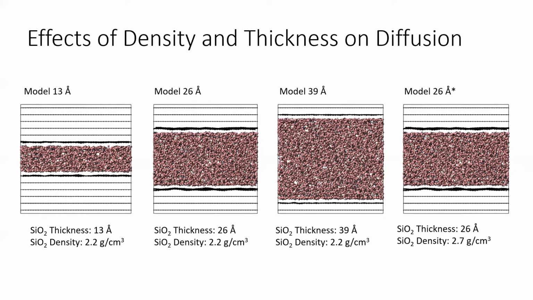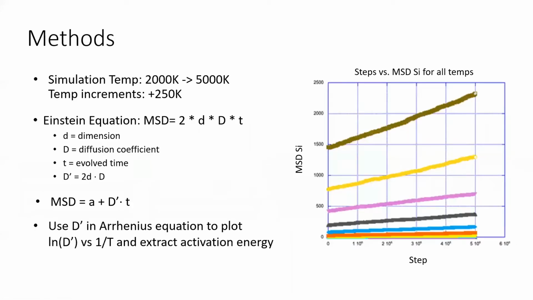With these models, I will be doing heating simulations so that I can study 2D diffusion by extracting the activation energy from the data that I get from molecular dynamics simulations. For simulations, I start at a temperature of 2000 Kelvin.